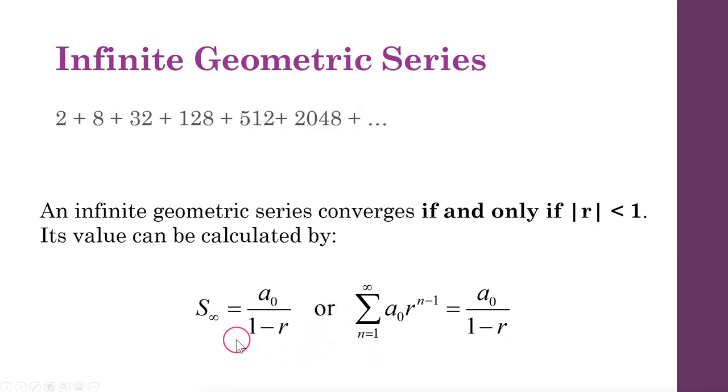We can then get a finite sum for all infinite terms of a geometric series. That can be found using this formula: a sub 0, which is our first term, divided by 1 minus r. Or again, using the sigma notation, if I add all the terms from n equals 1 all the way to infinity of a geometric series, we use the formula we just introduced.